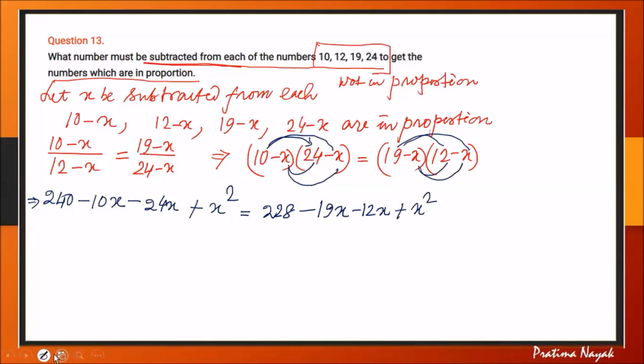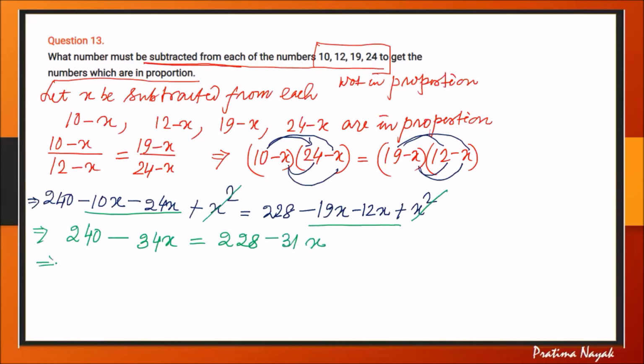And as I did in that question, here the same term is on both sides of the equation. I'll cancel them, and next I'll simplify. It will be 240 minus 34x, and 228 minus 31x.